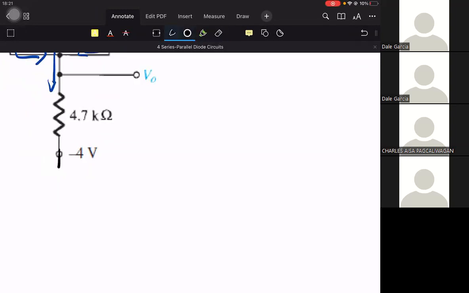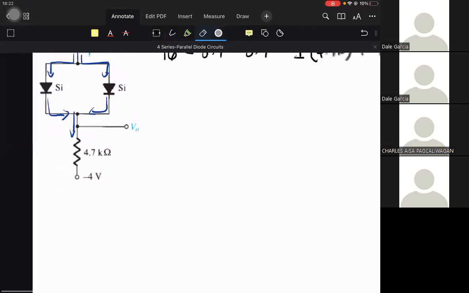So if you connect minus and plus, notice that you enter at the negative and exit at the positive. That's why the polarity of 4 is positive in the KVL equation.